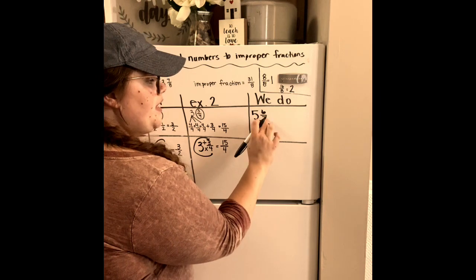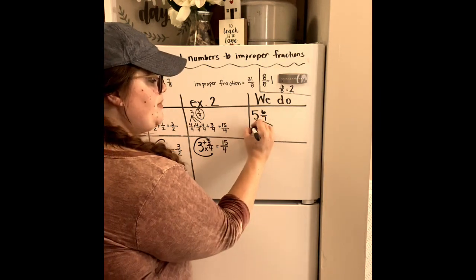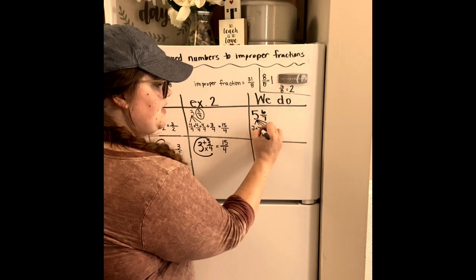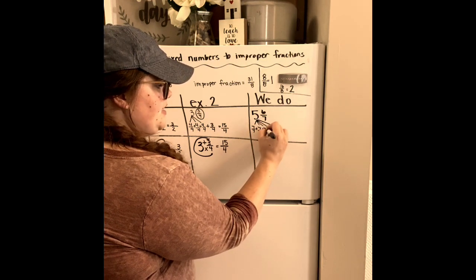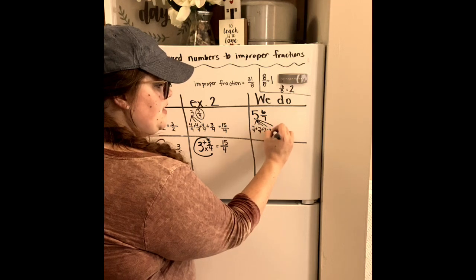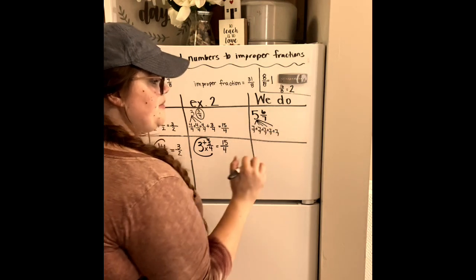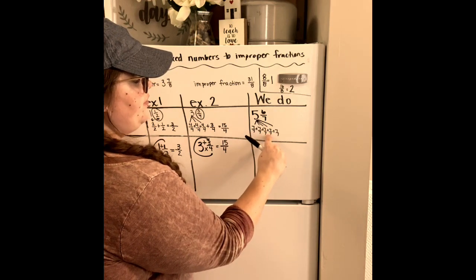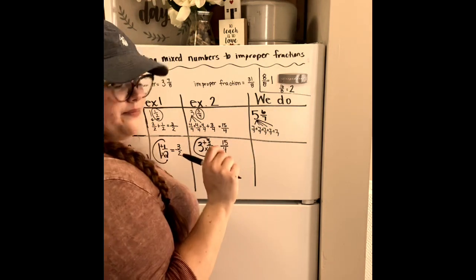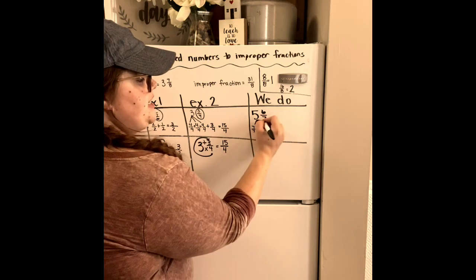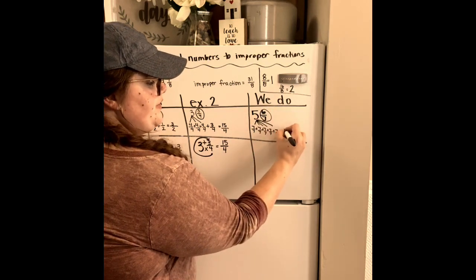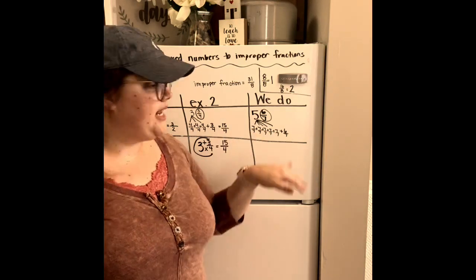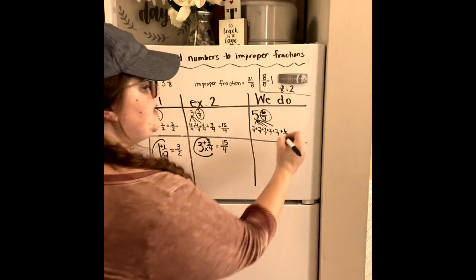So I know my denominator is 7, so I'm going to be using sevenths. 7 sevenths plus 7 sevenths plus 7 sevenths plus 7 sevenths plus 7 sevenths. Now let me be accurate and make sure that I only have 5 of those. 1, 2, 3, 4, 5. I'm good. Now I'm going to not forget this piece up here, this 6 sevenths, because remember that didn't quite make it to a whole, so we can't make it a 7 sevenths. It has to remain 6 sevenths.